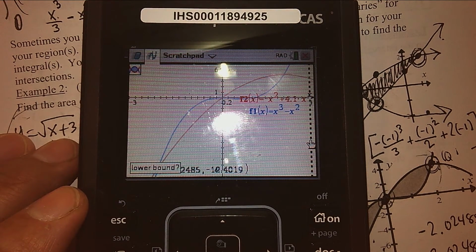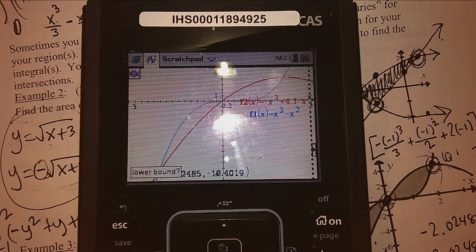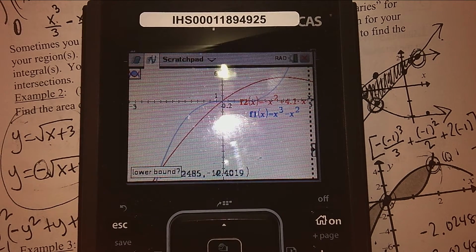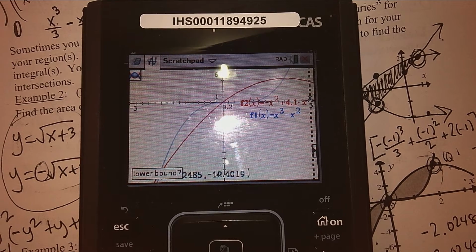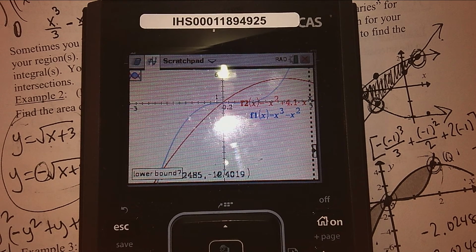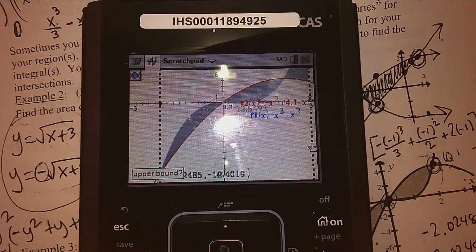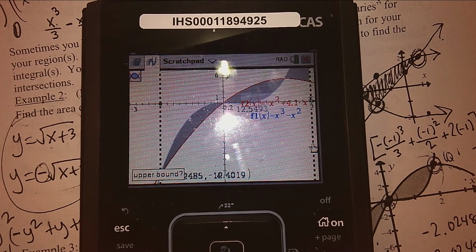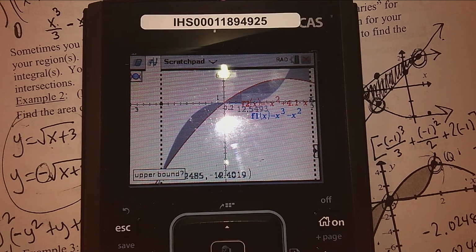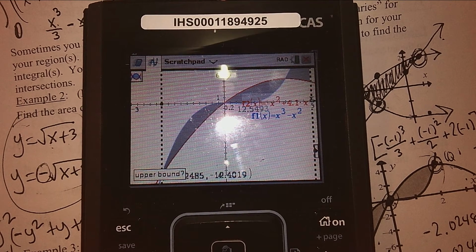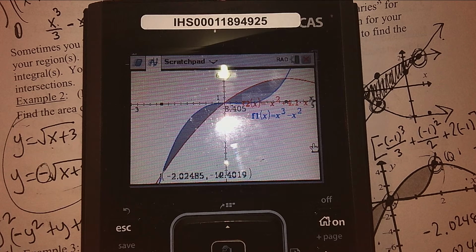What's my lower bound? I'm going to type in negative 2.02485, and then press Enter. Then it says upper bound, and I'm going to type in 2.02485, enter.